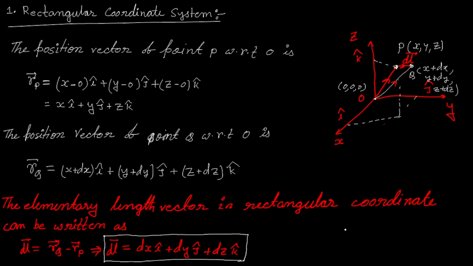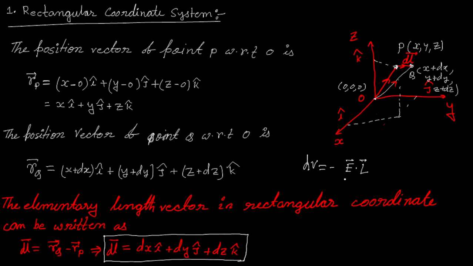Let me give you one example. We all learned in 12th class that if we have an electric field and we want to calculate the potential difference between two points, the definition we use is dV is equal to minus E dot dL vector.